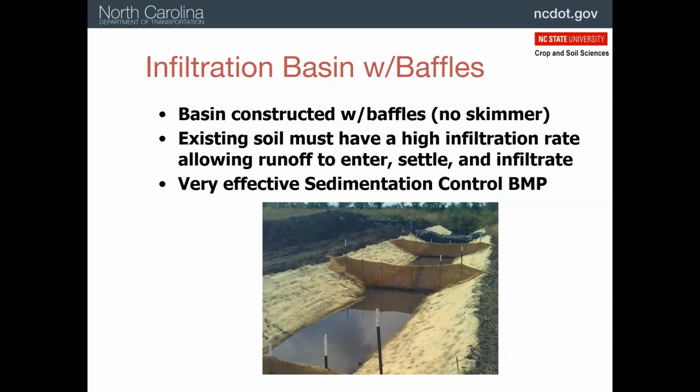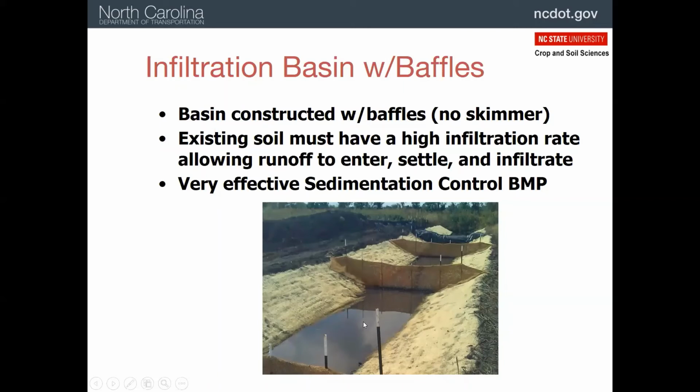So it's exactly the same as a skimmer basin, except there's no skimmer. So you see we do have a dam here, and we've lined it so it won't erode, but we've got our baffles, and we really expect this is probably groundwater in between stormwater events. And once the basin starts to fill up, then it will just spill out into the sides through the soil itself. So we don't expect any discharge out this end.